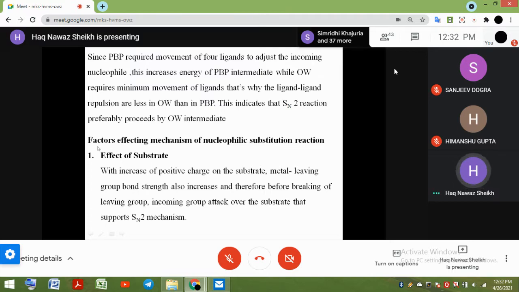So now, what are the factors which affect the mechanism of a nucleophilic substitution reaction? Number one is the effect of the substrate.